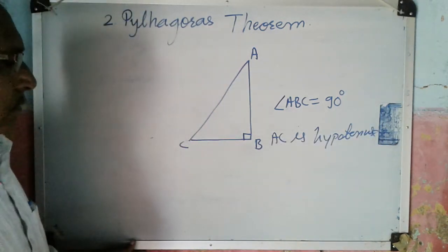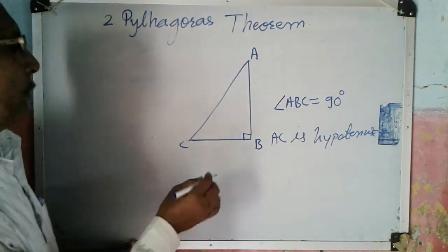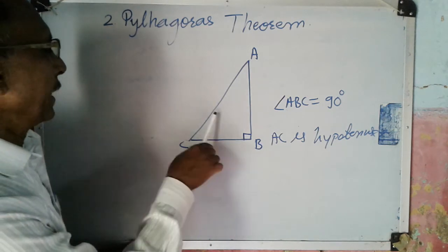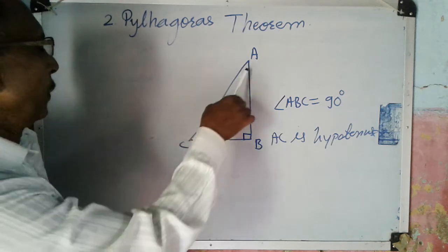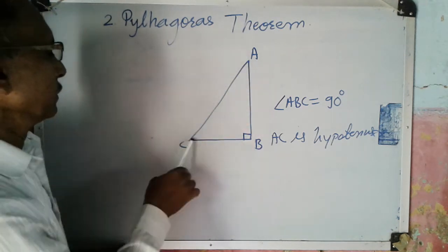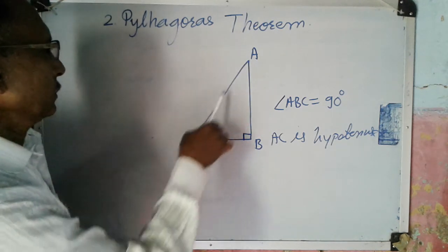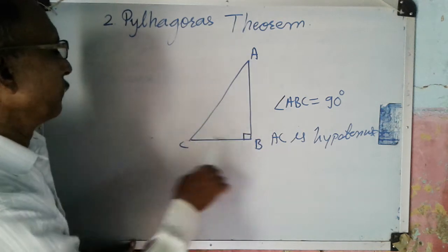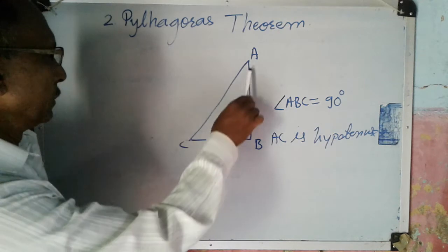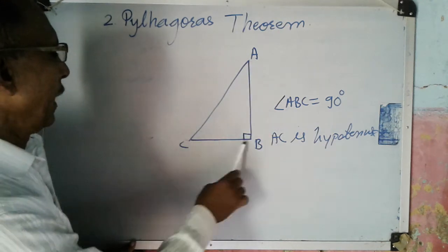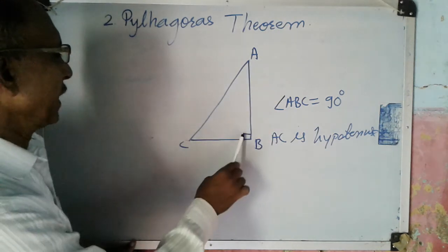Hypotenuse of right angle triangle: the side opposite to right angle is hypotenuse. And hypotenuse is the larger side of right angle triangle, and the remaining two sides AB and BC make the right angle.